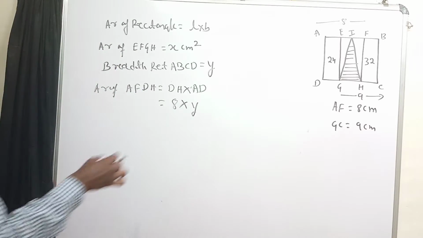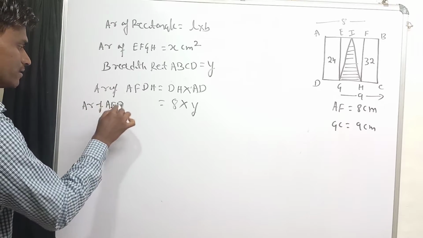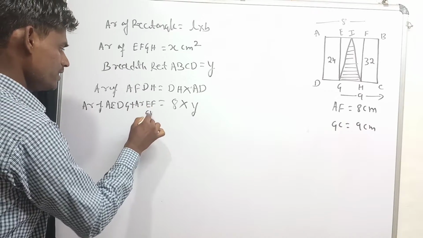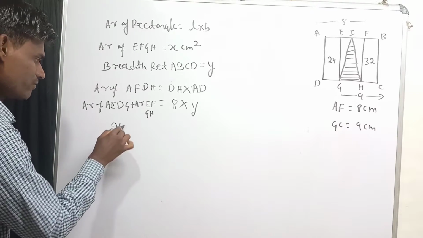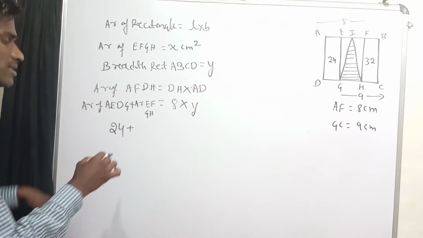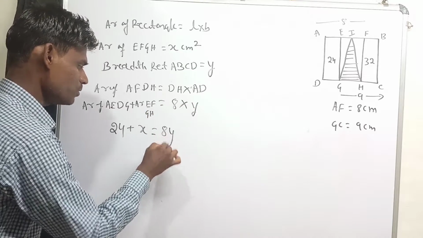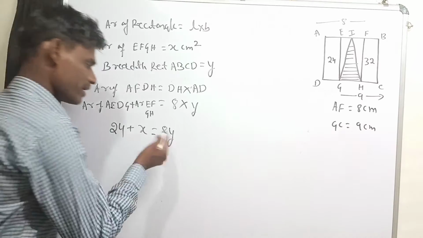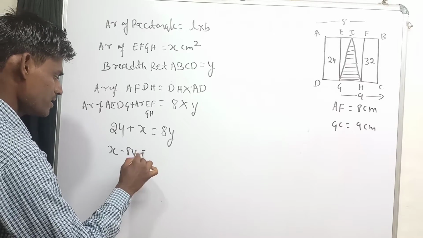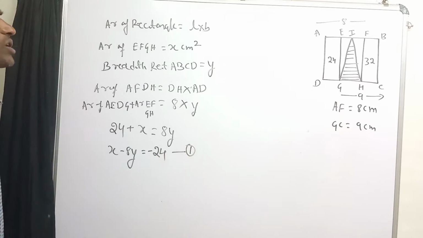Area of AFDH is equal to area of AEDG plus area of EFGH. Area of AEDG is 24 cm square plus area of EFGH, which I'm considering as x cm square, so 24 plus x equals 8 into y, which is 8y. Now writing it in standard form, x minus 8y is equal to minus 24, and I'm considering it as equation 1.